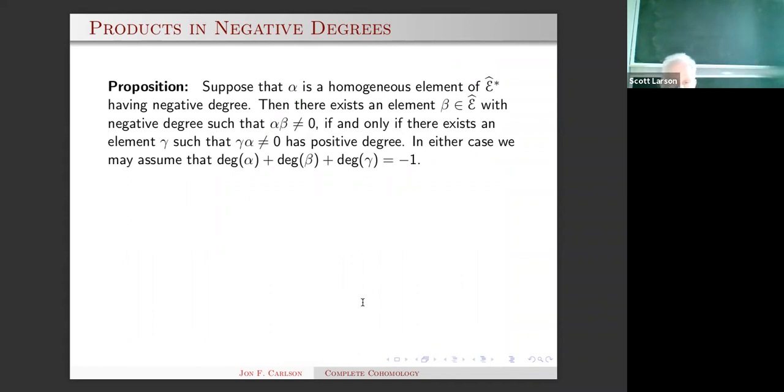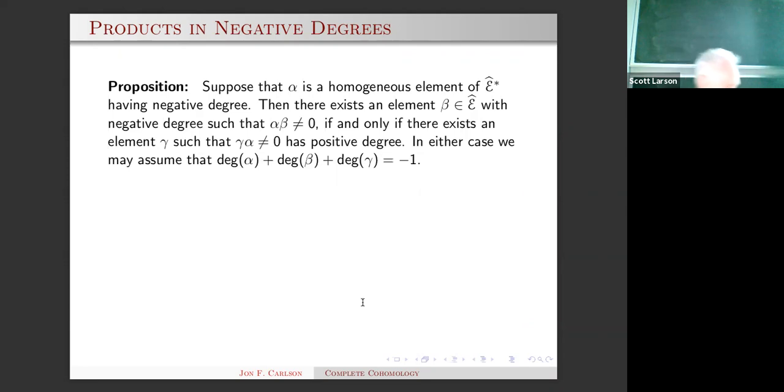And that is if you've got a homogeneous element in this cohomology ring, a negative degree, and if there exists another element of negative degree, such that the product is not zero, well, that's going to happen if and only if there exists an element in positive degree, such that gamma alpha is positive degree, well, it might be zero, but gamma alpha is not zero and has positive degree.